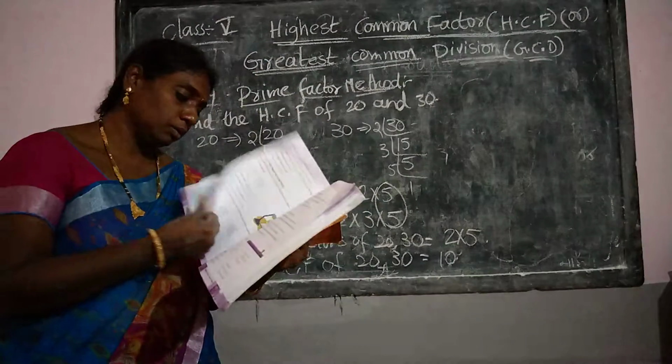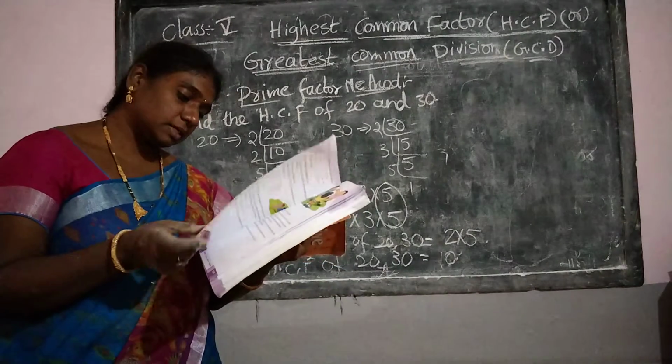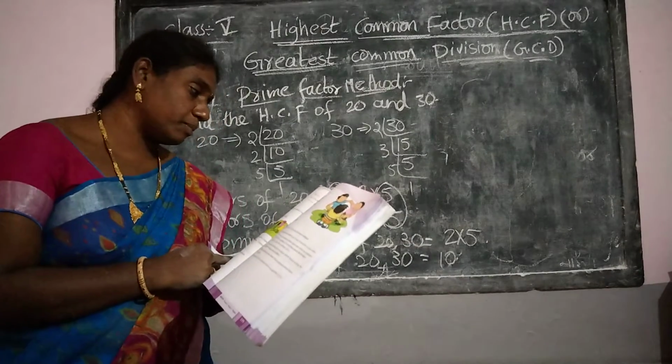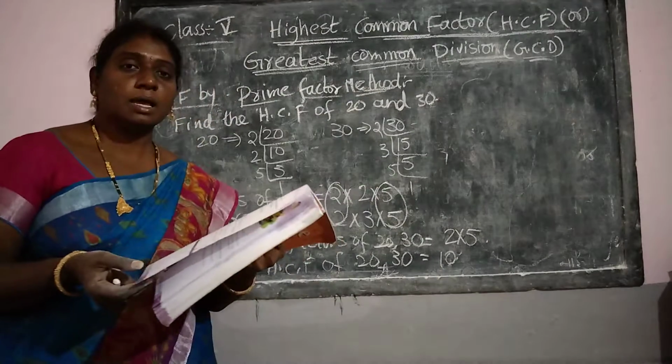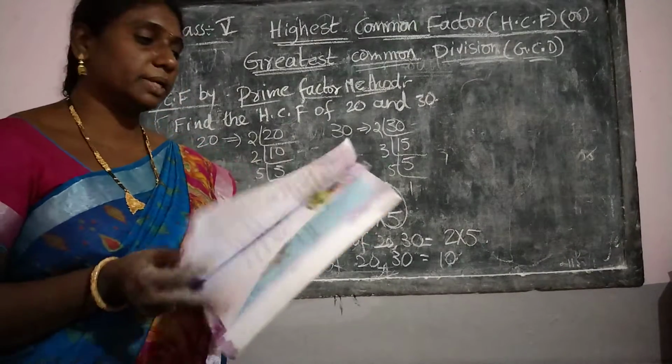The third one is finding the HCF by the division method. I am going to explain the division method in the next class, and after that we complete that one also.